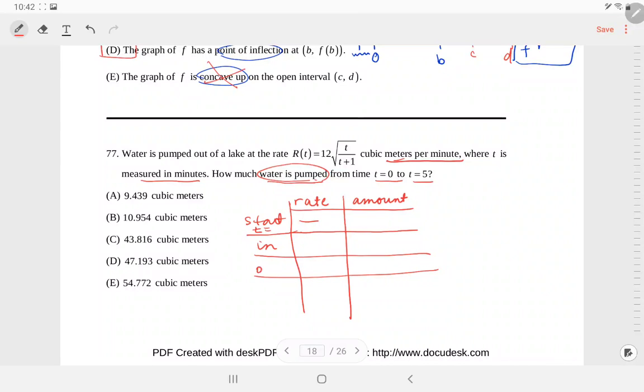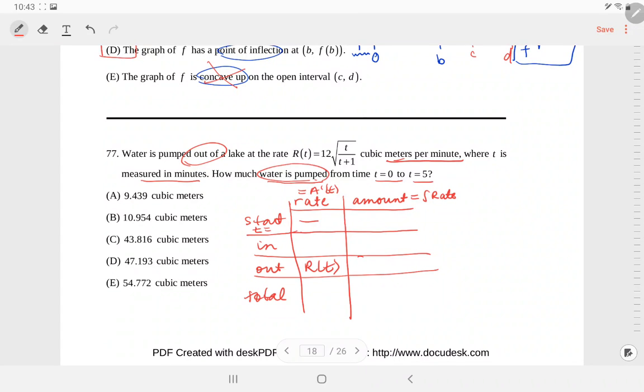And then there's in, there's out, and then there's total. In this one, it's saying how much water is pumped out of a lake. Okay, so my out is R of t, and they didn't give me any of the other values. And they want how much water is pumped, and then amount is the integral of rate, and rate is the derivative of amount. So that's how it works.